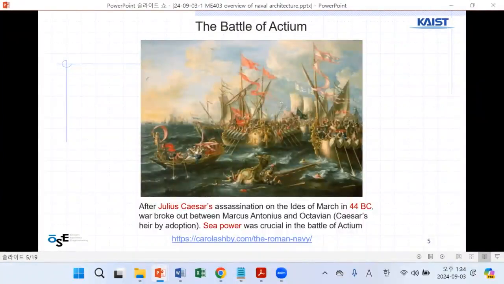Because at that time already they had big ships like this. And fought each other, in the Middle East. Marcus Antonius and Octavian. At that time, 2,000 years ago, the Navy force was very important between countries at war. So naval architecture was very important at the time. Then, now, probably, right?